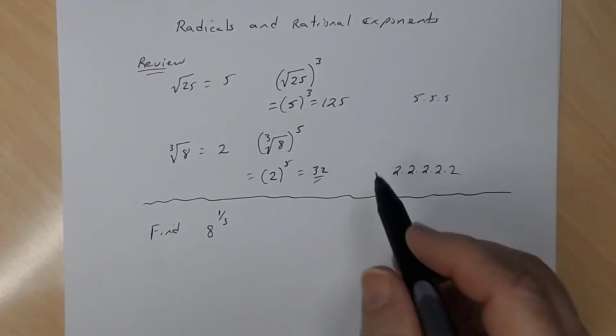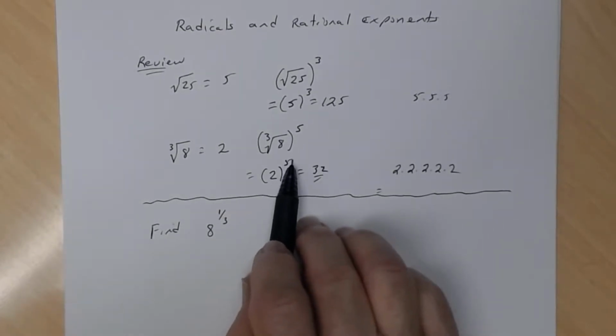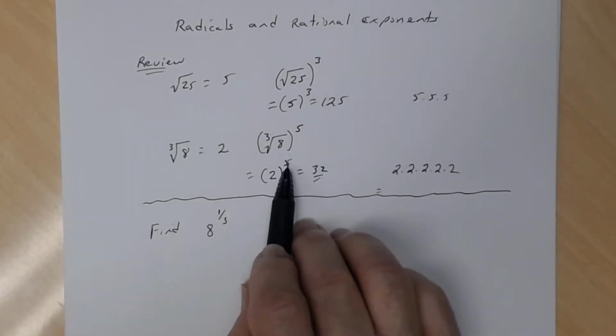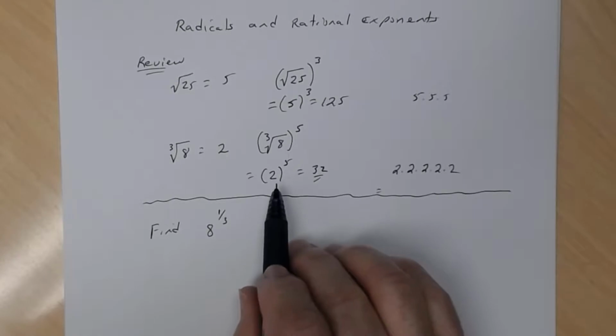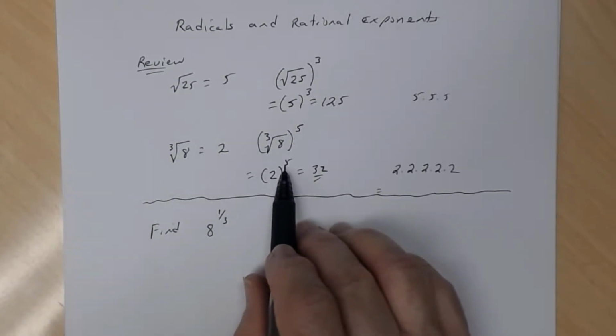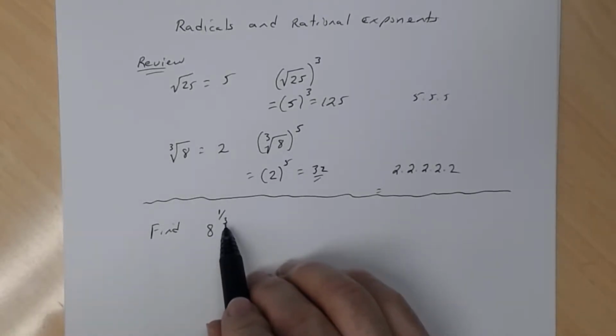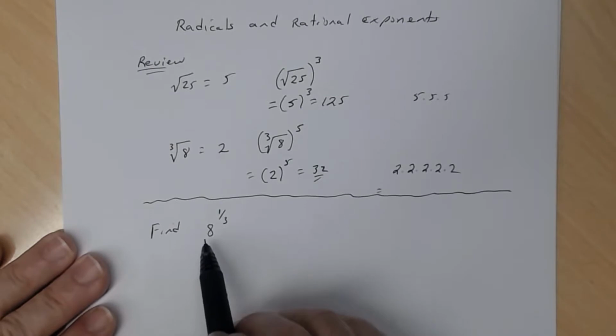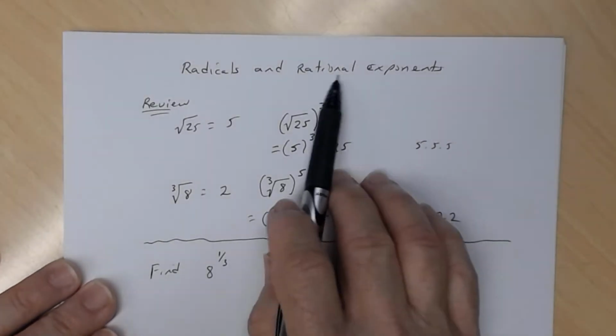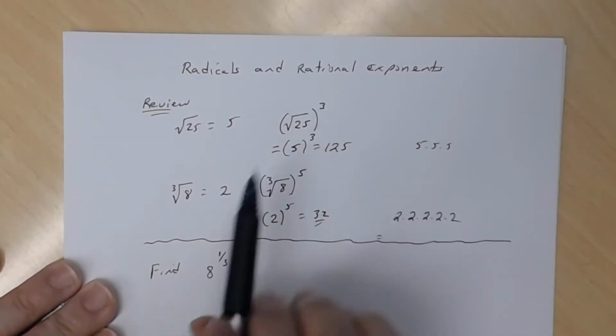Over here, if I had this, that's 2 to the 5th. Now my exponent, 5, is still considered a rational number, except we think of 5 as a whole number, an integer. But this right here is not an integer, that's not a whole number, that's considered a rational number. So my exponent here is a rational exponent, hence this idea, rational exponents.